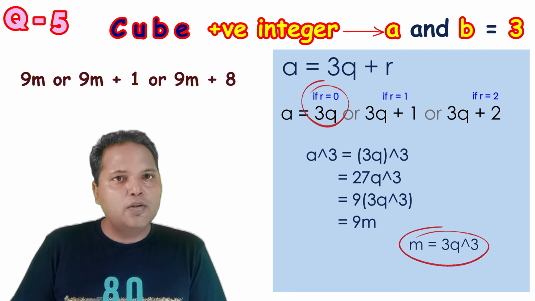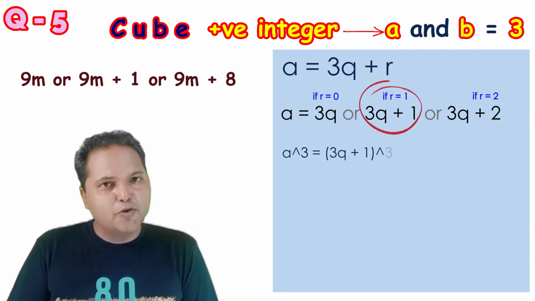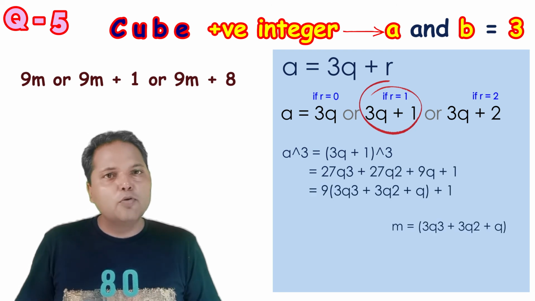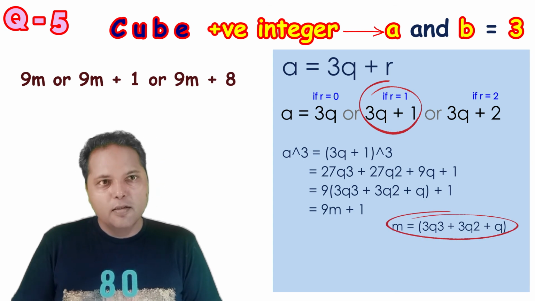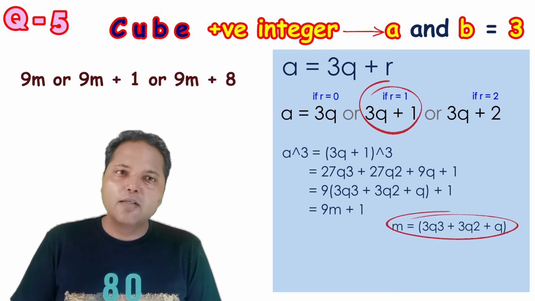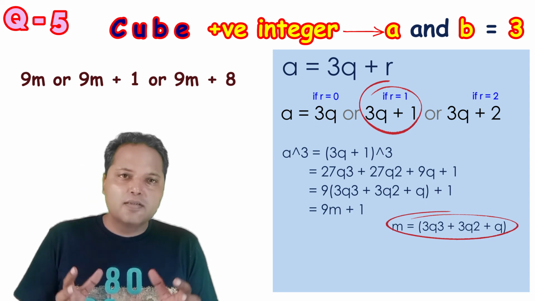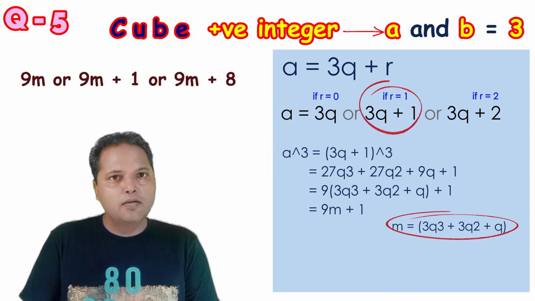Now let us move on to the second case where r is equal to 1. So a cube is equal to 3q plus 1 whole cube, और इसको जब हम लोग सिंप्लीफाई करेंगे तो फाइनली इस फॉर्म में इसको लेके आएंगे, and then we can write 9m plus 1, and m is some integer obviously because this whole expression will always be an integer.